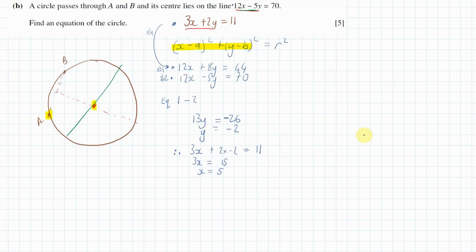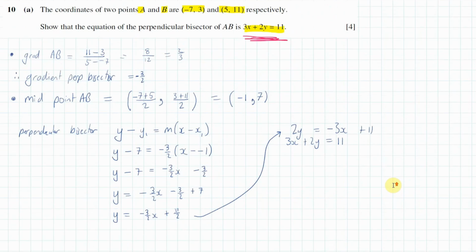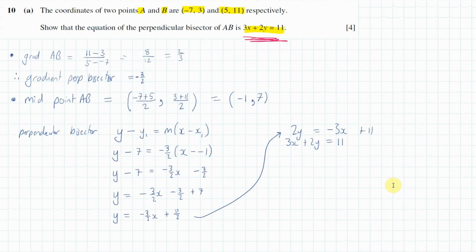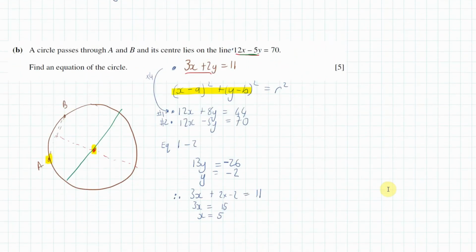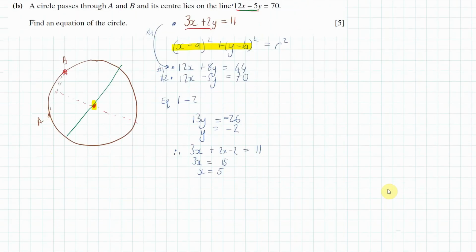Now, if I go back up here, I'm going to use B, which is 5, 11, and my center is 5, negative 2.